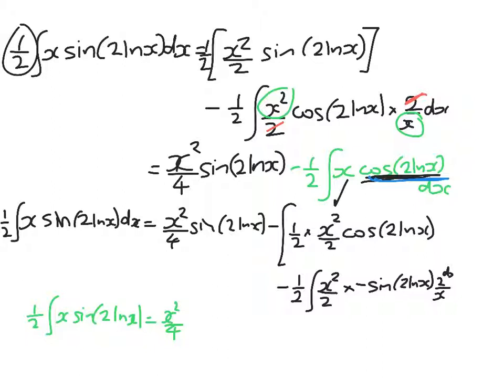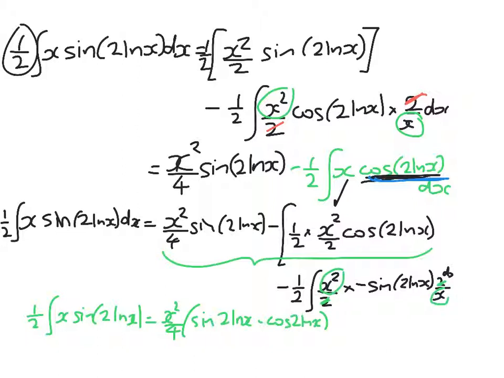Let's see, I'm just going to clean up those two terms there. X squared on 4 times sine of 2 ln x minus cos of 2 ln x. But look what's going on here. Well, I've got my 2 cancelling out, and this again.